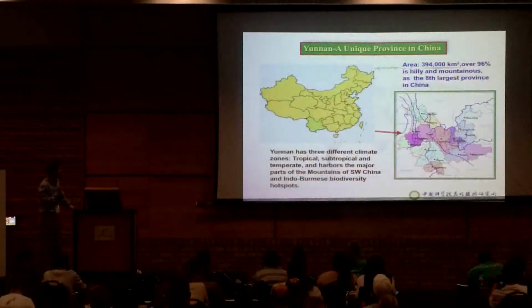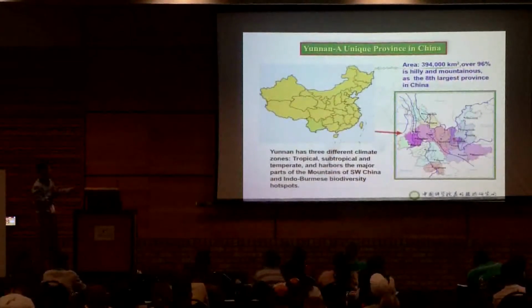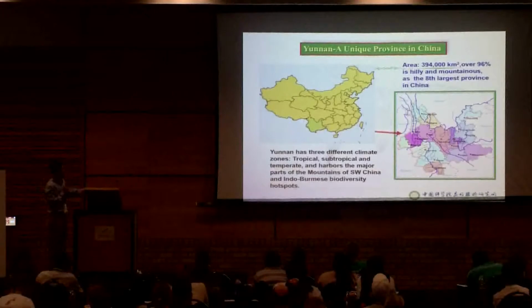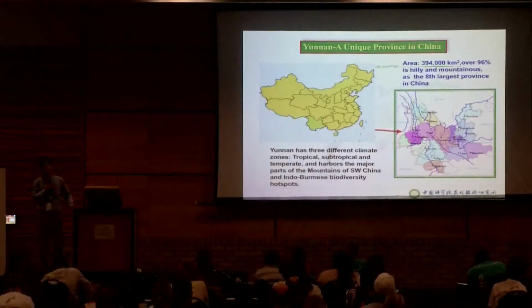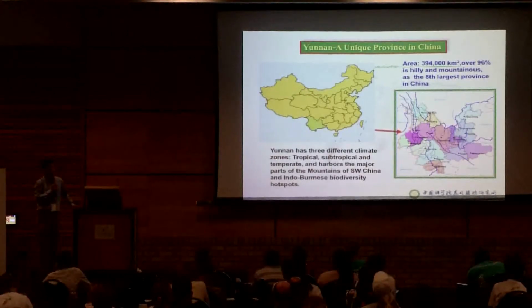I would also like to mention my own province of Yunnan, which is in the southwestern corner of China, bordering Tibet in the northwest and west, and Myanmar, Laos, and Vietnam on the south. It has only 4% of the land territory of China, but harbors 50% of the species of plants.